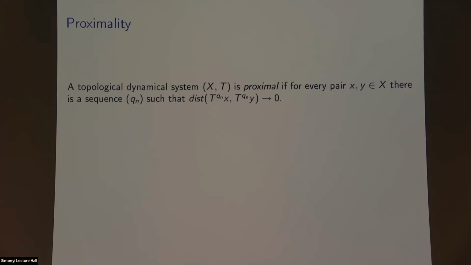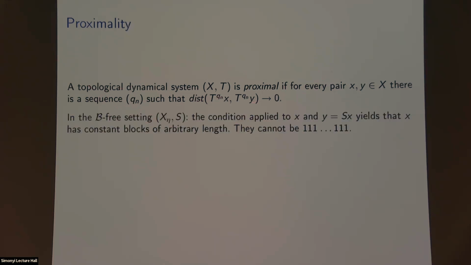Proximality of a dynamical system (X, T), say X is a metric space, means that for any two points in X, you find in the orbits of those points elements as close as you want along some subsequence. Definitions are written down here.